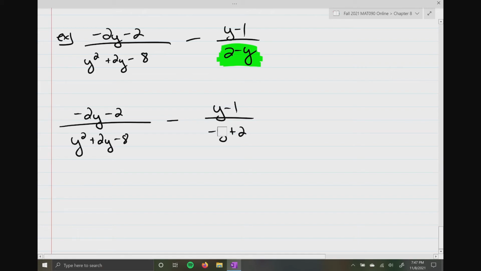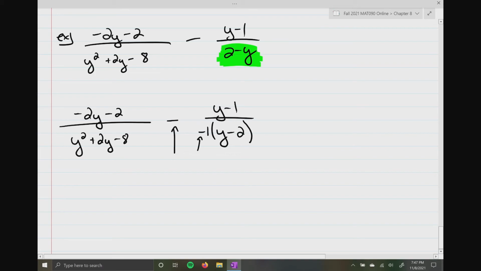So watch this. Hopefully you're watching the screen. That's what I originally had, negative y plus 2. So when I factor out a negative 1, that changes the y to a positive, and then it changes the 2 to a negative. And then the last thing I see here is I have a double negative back to back.